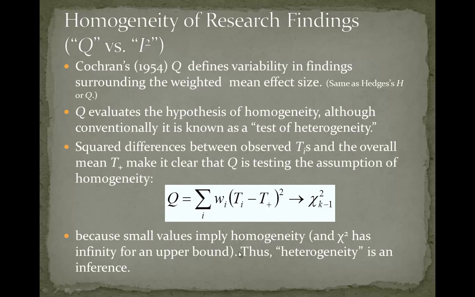So, in fact, I note here, the chi-square value has infinity for an upper bound, so I don't think you can actually define heterogeneity in an ultimate sense. Anyway, if you have a significant Q value, that implies an inference of heterogeneity. And so conventionally, we will say heterogeneous, meaning that there's more variation in the effect sizes than sampling error alone would expect.